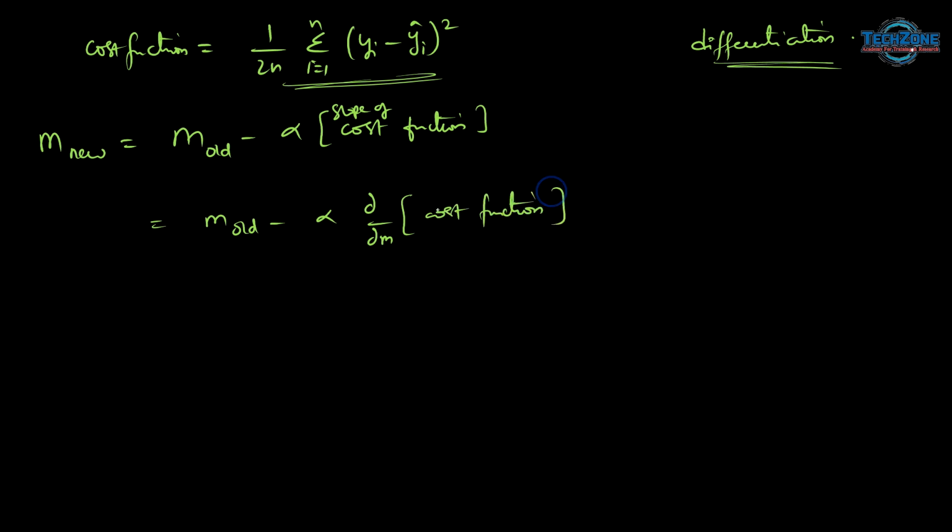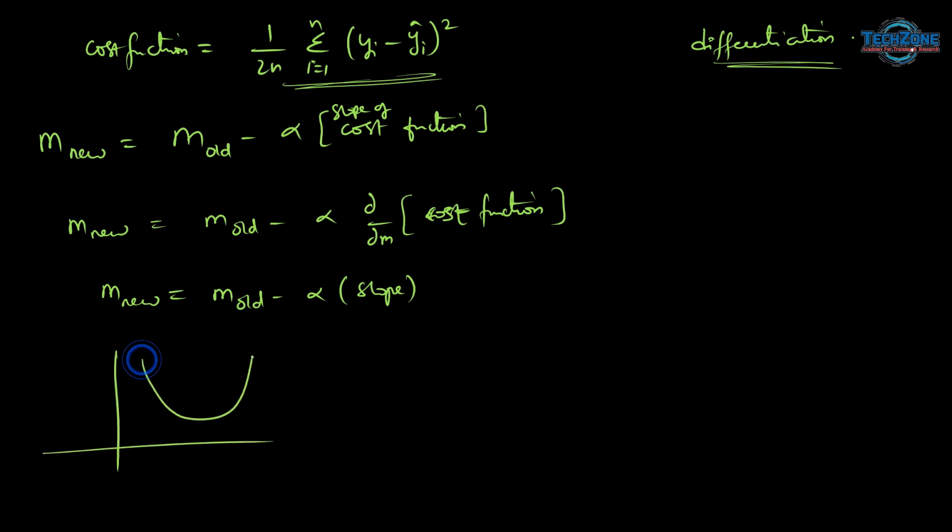This is our cost function. If we differentiate this cost function, we'll get the slope of that cost function. Minus alpha, I'll just write slope here because I want to explain something.